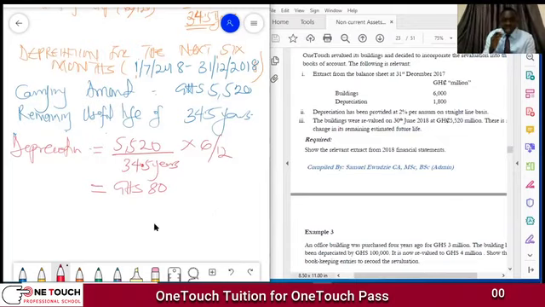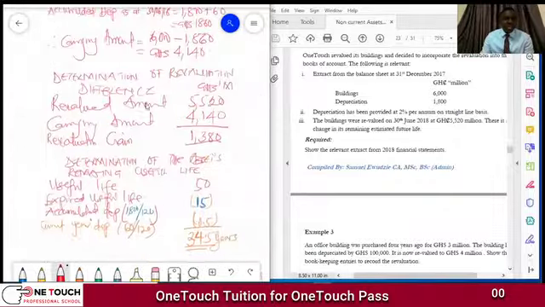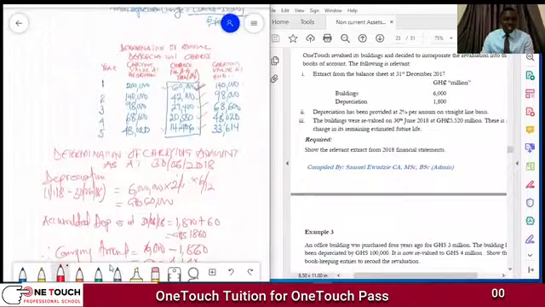Now, the requirement was for us to show the extract from the 2018 financial statements. For 2018, we are looking at the income statement of profit or loss and comprehensive income, and the statement of financial position, how this will be done. Good. So let's see so far, what have we done?